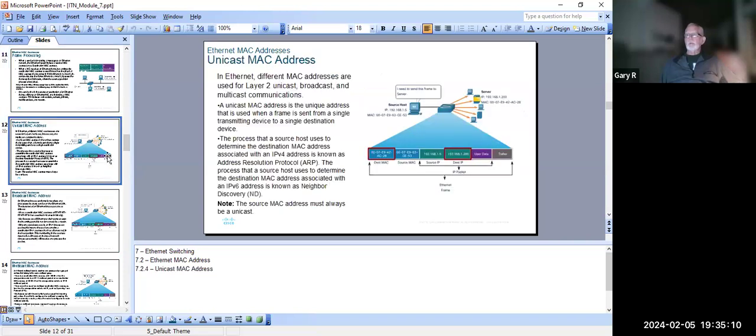Okay, so let's look at the addressing types. So in this world, there are basically, and this is not completely, there's one more in addition to these 3, but there are 3 basic types of addresses that we encounter. A unicast address refers to a single entity, and all of us as people have a unicast address. That's our name, okay? There is also a broadcast address.